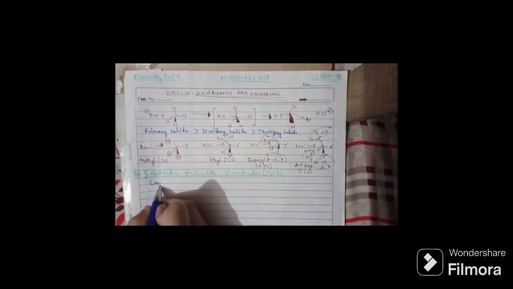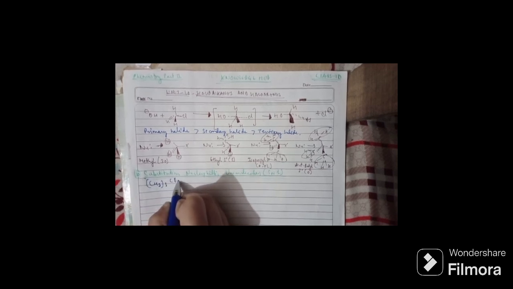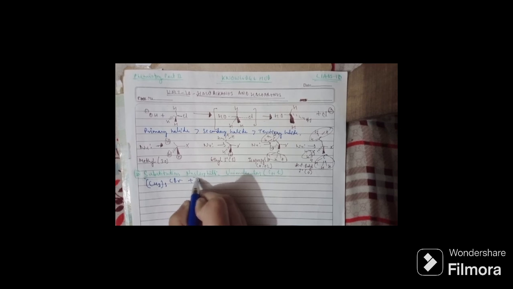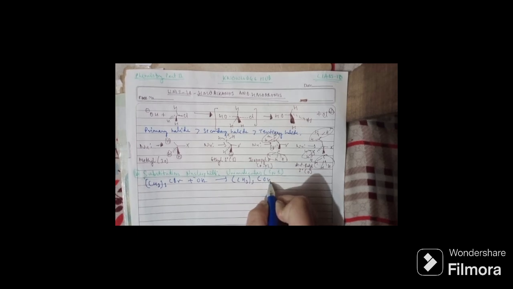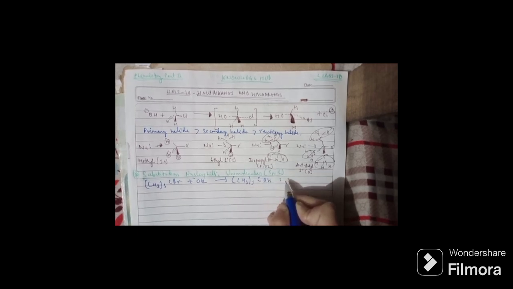The reaction is (CH3)3CBr plus OH- will give (CH3)3COH plus Br-.